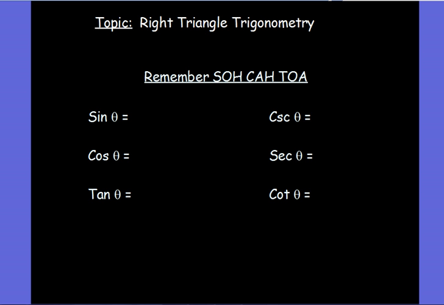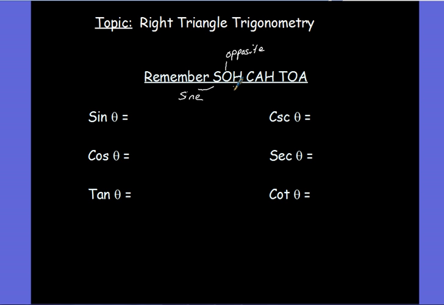And so back in geometry, you learned just these three, right? Sine, cosine, and tangent. So we gave you the acronym SOHCAHTOA. And the reason for the acronym is just so you can help remember what's what. So the S in SOHCAHTOA stands for sine. And then O stands for opposite.